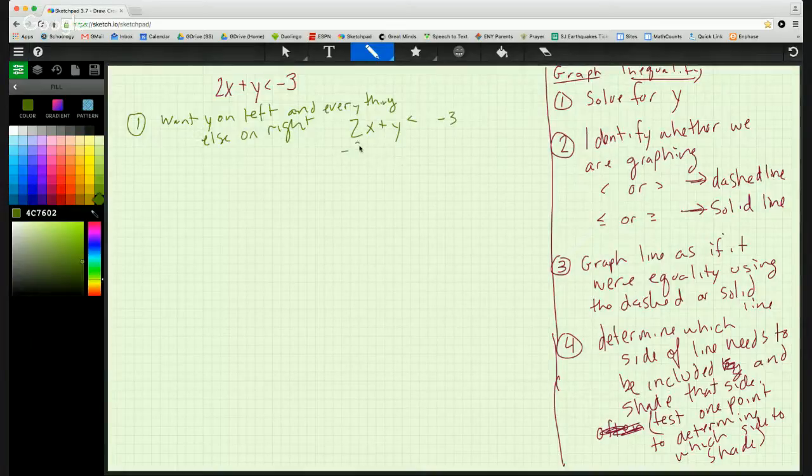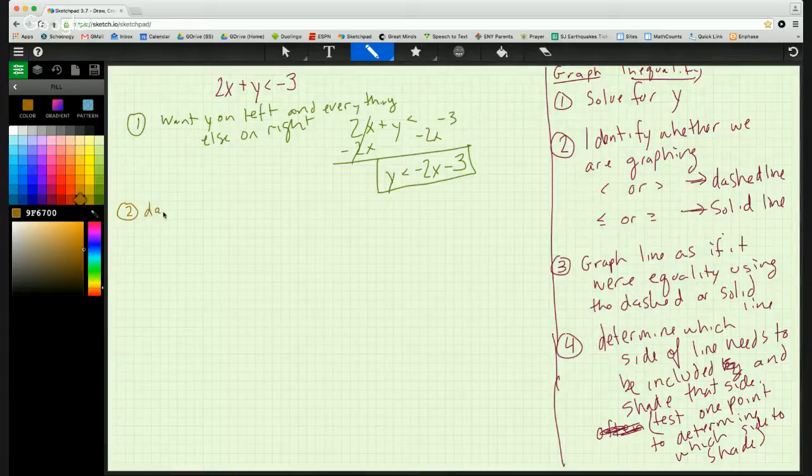So we're going to get rid of everything on the left that's not y by subtracting it. So these cancel. So we get y is less than -2x minus 3. So now we've finished step 1. So now we simply identify whether we are graphing less than or greater than, and now we're going to use a dashed line. So that's all we do in step 2.